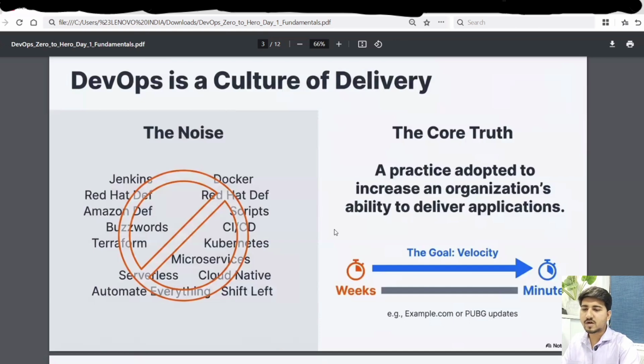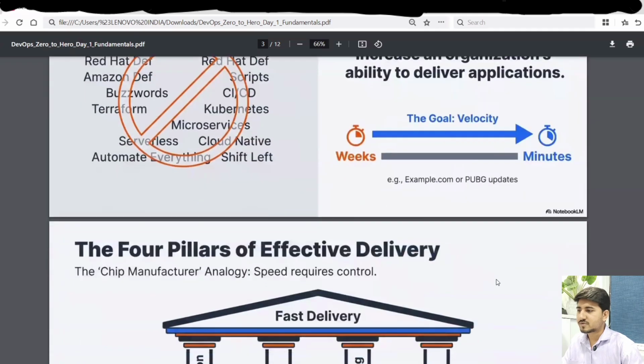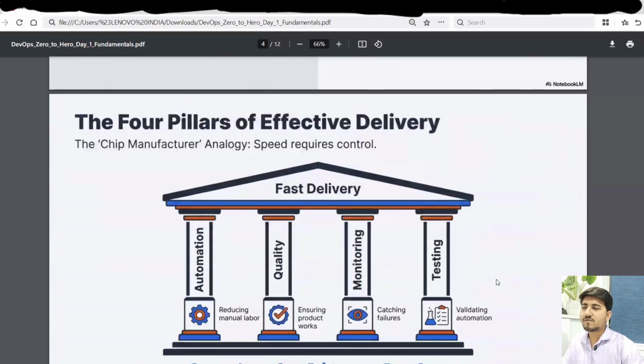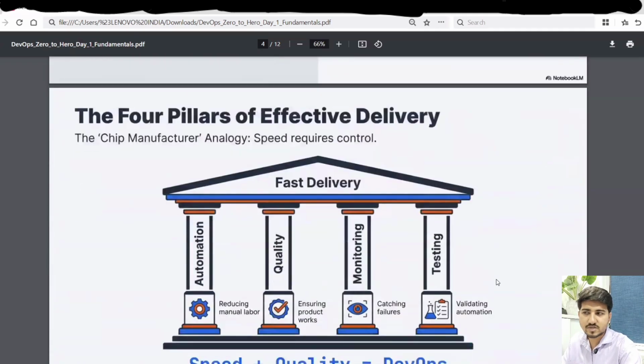Now, the next thing we are going to see is that there are four pillars of effective delivery. Let's suppose there is an analogy of a chip manufacturer, like a normal SD card chip.